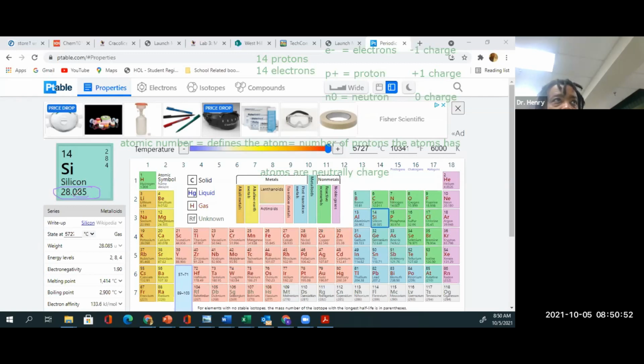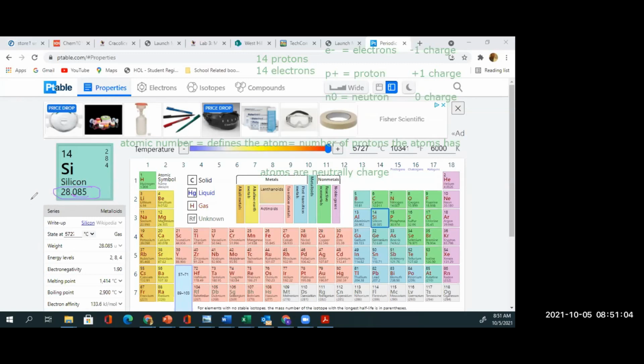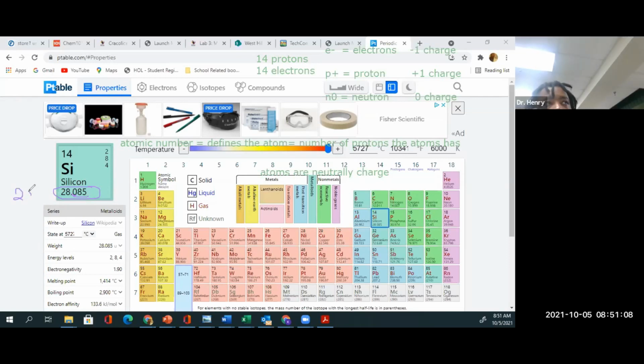So if we take a look at this 0 here, are we going to round it up or just leave it at 28? Sure, we'll just leave it at 28. Okay, so 28 is going to represent our mass number. And again, we get our mass number by rounding our atomic mass.